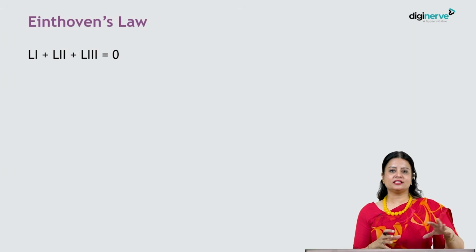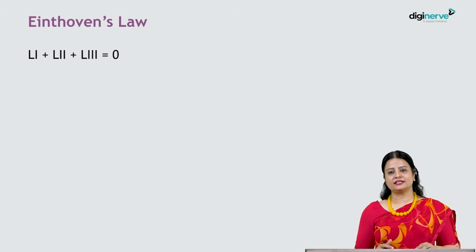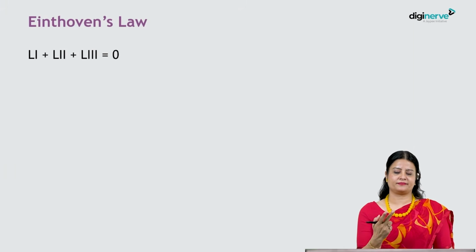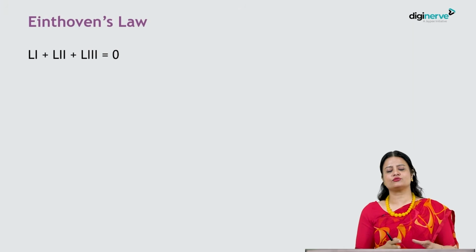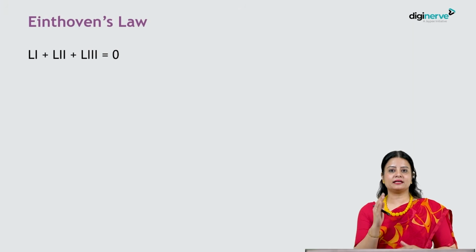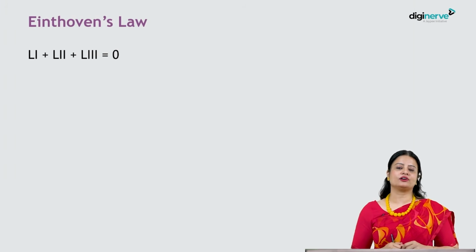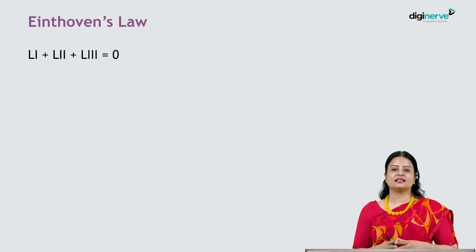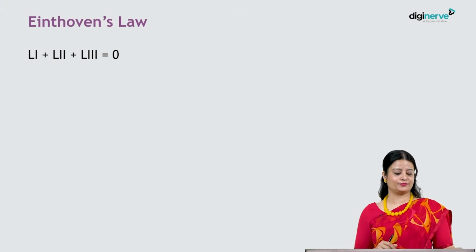So based on this triangle, he gave a law that if we know the magnitude of any 2 leads, maybe lead 1 or 2 or 3, we can mathematically derive the magnitude of the 3rd lead. In other words, the sum of lead 1, 2 and 3 is equal to 0.